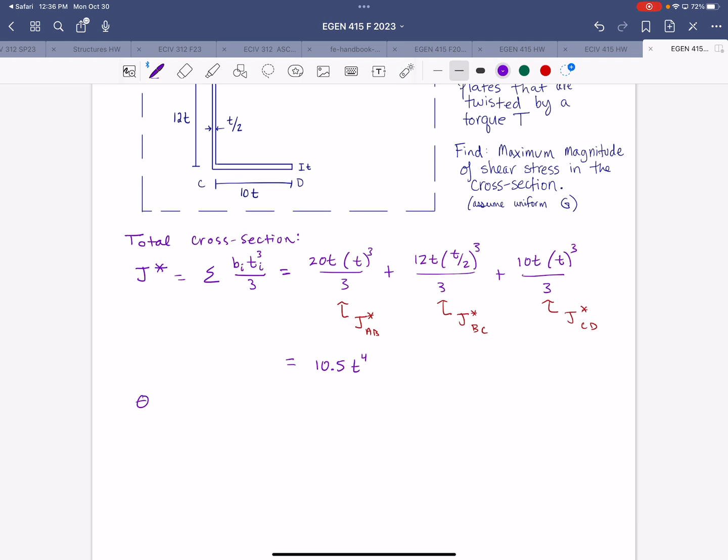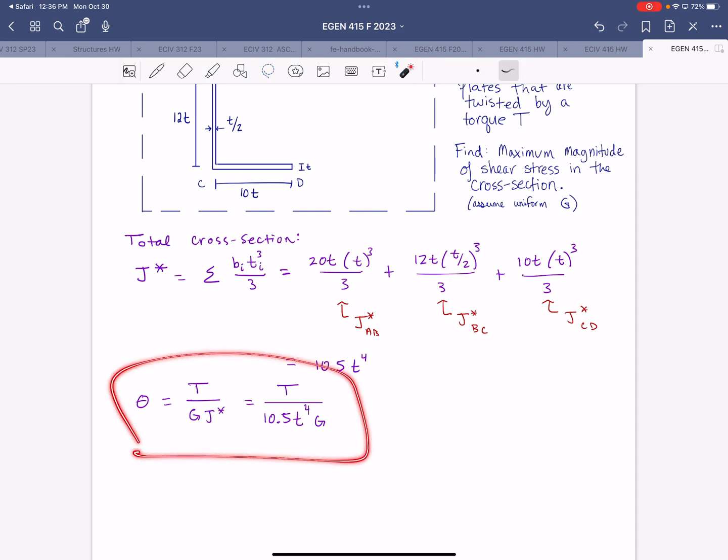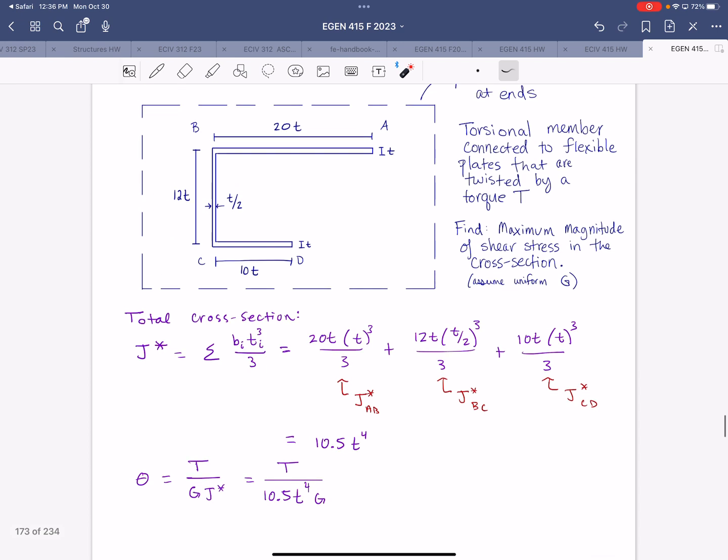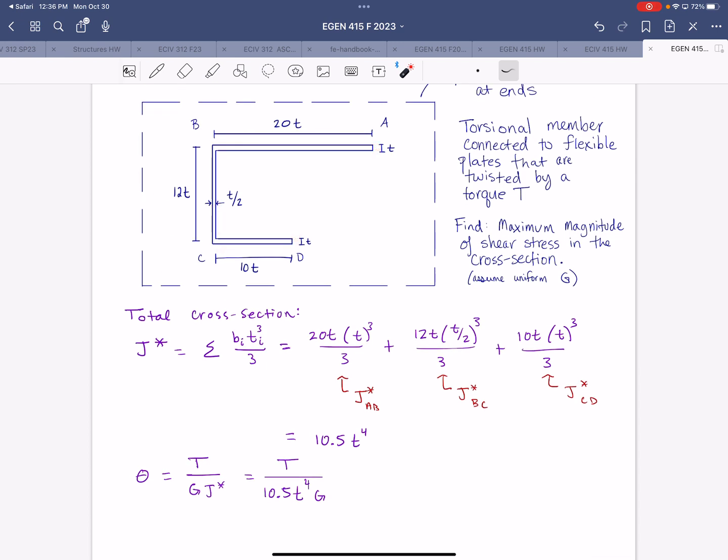And so the rate of twist theta is torque divided by G and J star. If we plug in our J star for the whole section that we just calculated, we have T over 10.5 lowercase t to the fourth times G. And this is really the key to solving these problems, the rate of twist, because the rate of twist will be the same for each individual segment and for the entire section total.